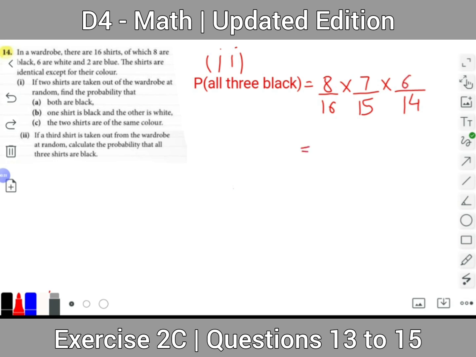Now with further simplifications, here we have 1 over 2, here we have 3 over 7, and this 7 cancels out with 7, so here we have 3 over 30, and it will also give us further simplification, 1 over 10. So the probability that all three are black will be equal to 1 over 10.